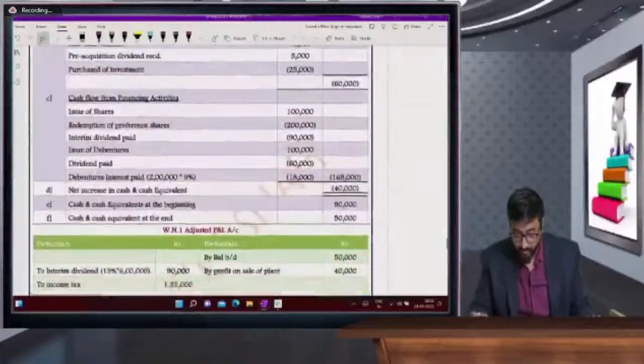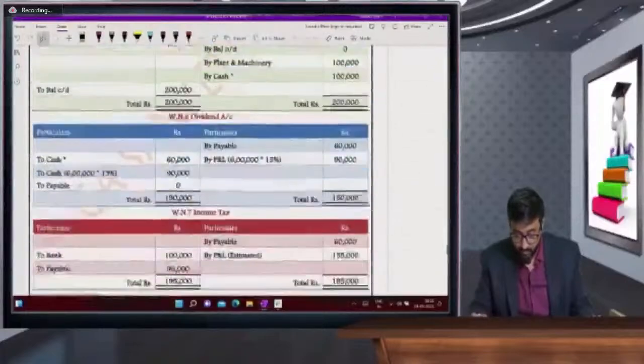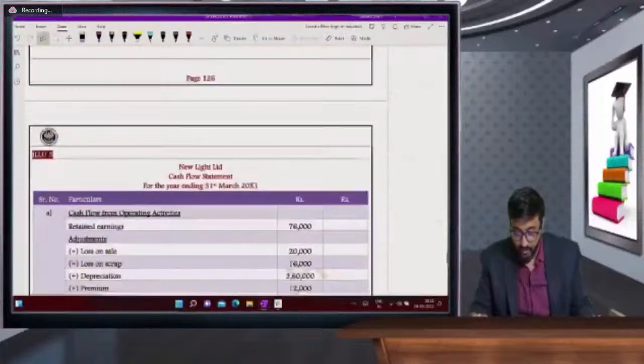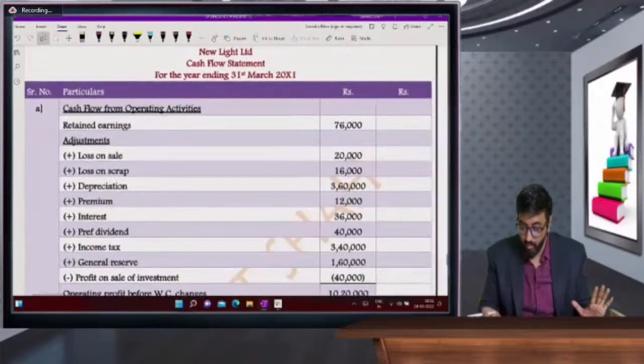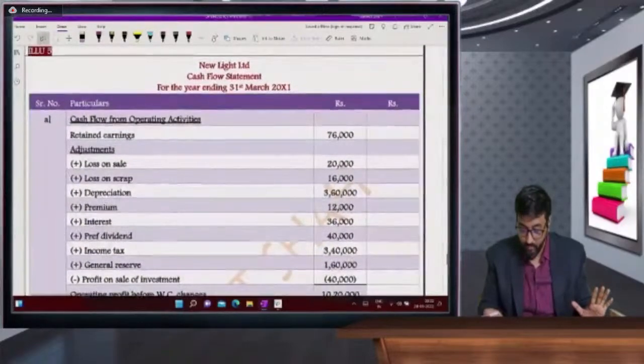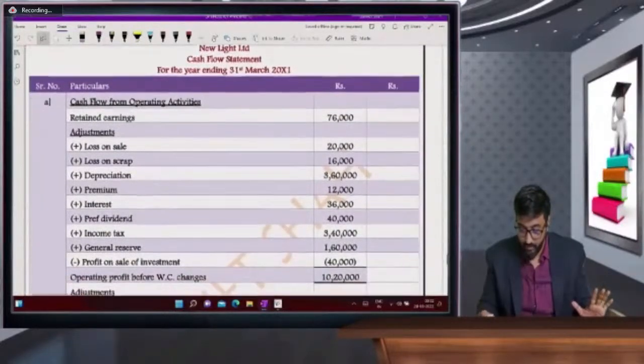Mark it as IMP 1. TYK 5, please solve it within time. First, you solve it slowly, understanding all concepts. Check my working notes.